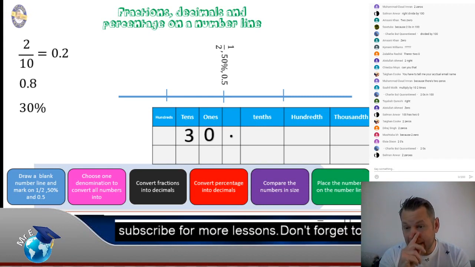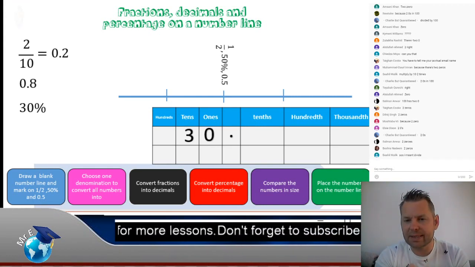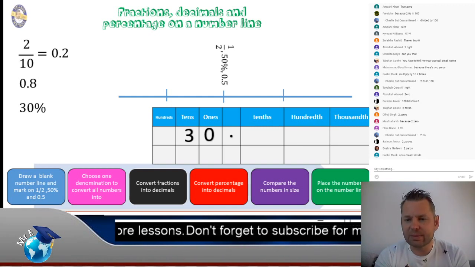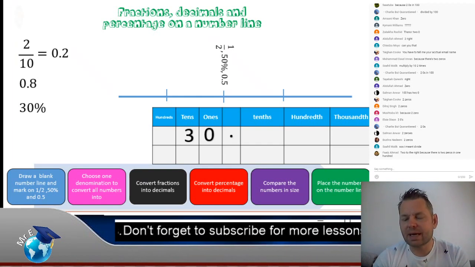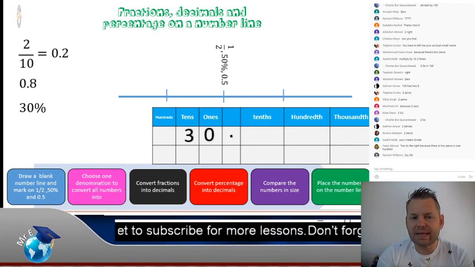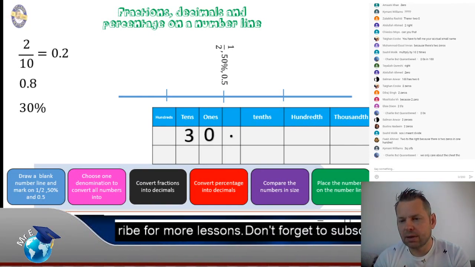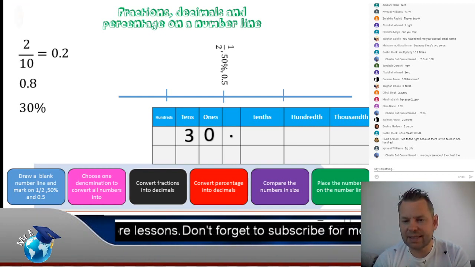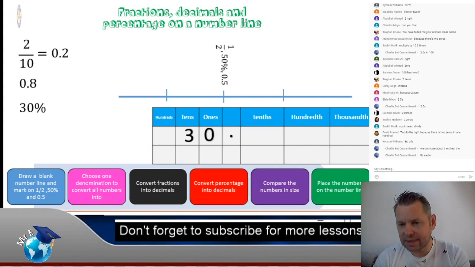So yesterday I said that when we go one space, we multiply by 10, and we go another space, we multiply by 10. Oh, well done, Sahil. It's the same this time. Each place value column is 10 times more or 10 times less than the previous column. So if I'm in the tens column, the ones is 10 times less than the tens column.